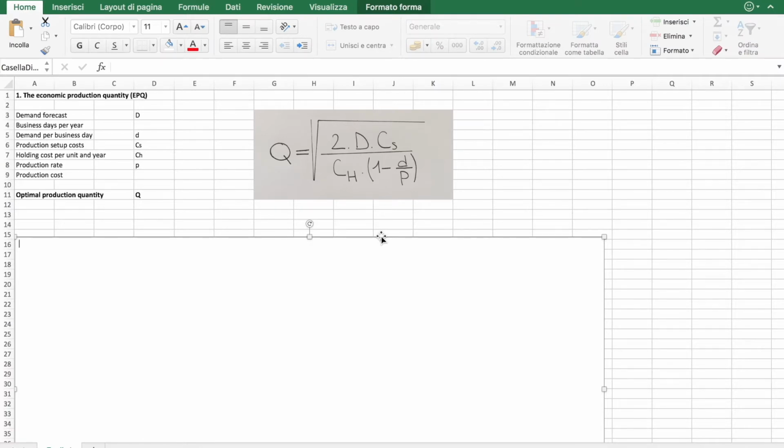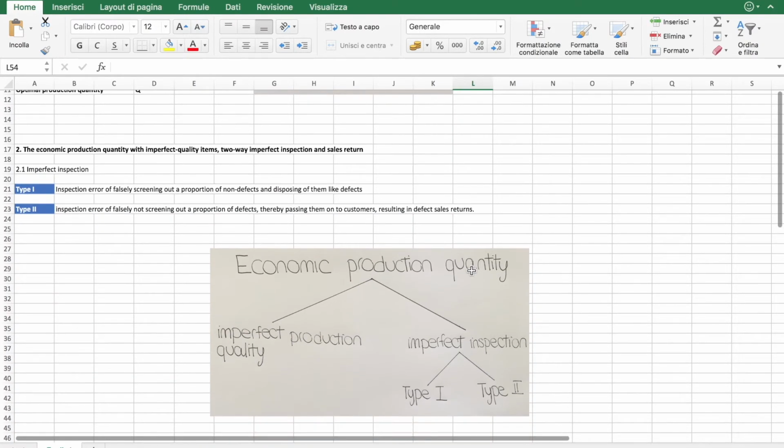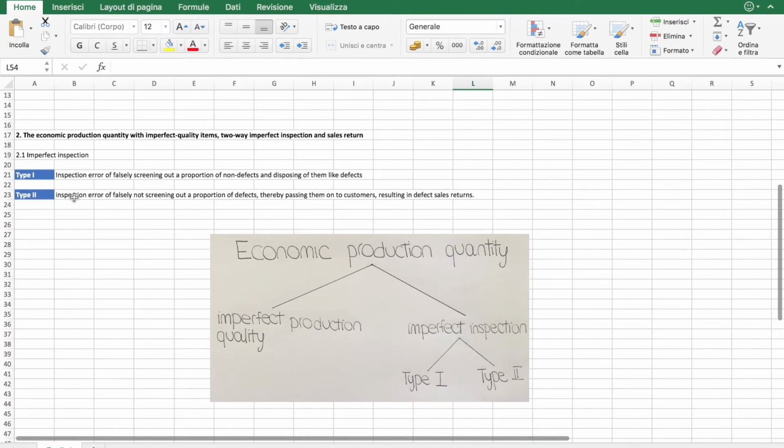However, manufacturers' production process quality is often not perfect and hence produces imperfect quality items. Moreover, during the inspection process, evaluation errors could also occur in finding defective items. Therefore, in this video, we will focus on the economic production quantity model that incorporates both imperfect production quality and two-way imperfect inspection, those are type 1 and type 2 errors.